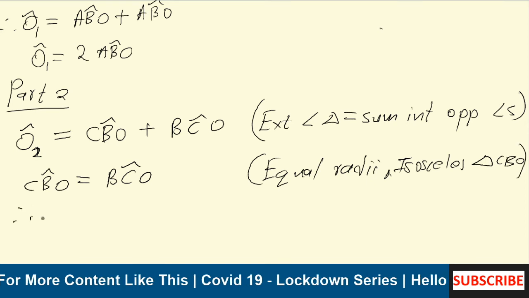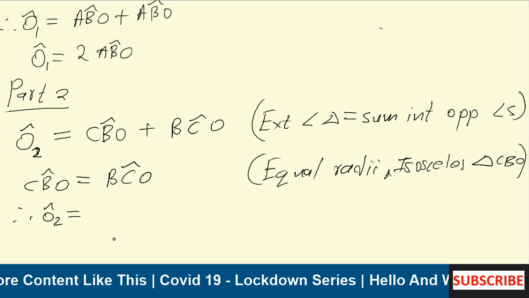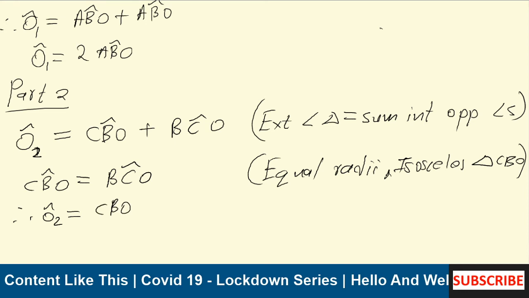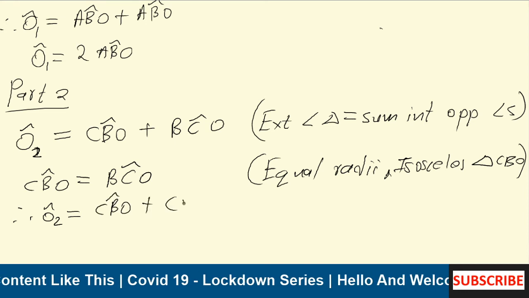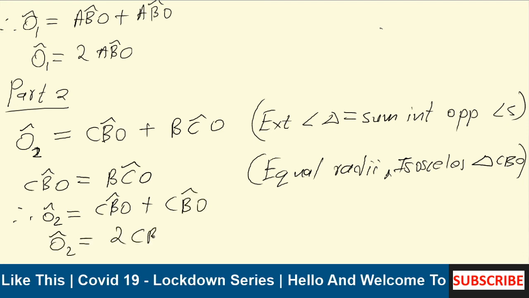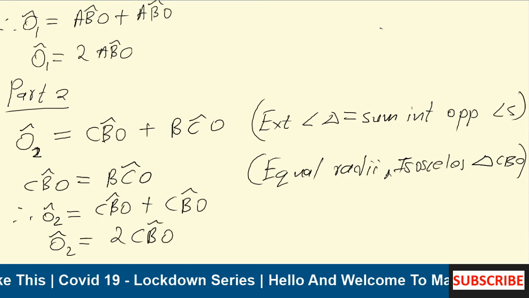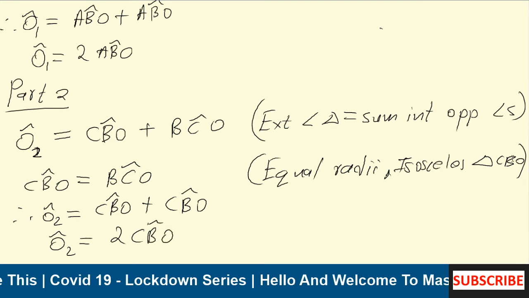So with this information, we can say O2 is equal to CBO plus CBO, which becomes 2CBO. This is the end of part 2.